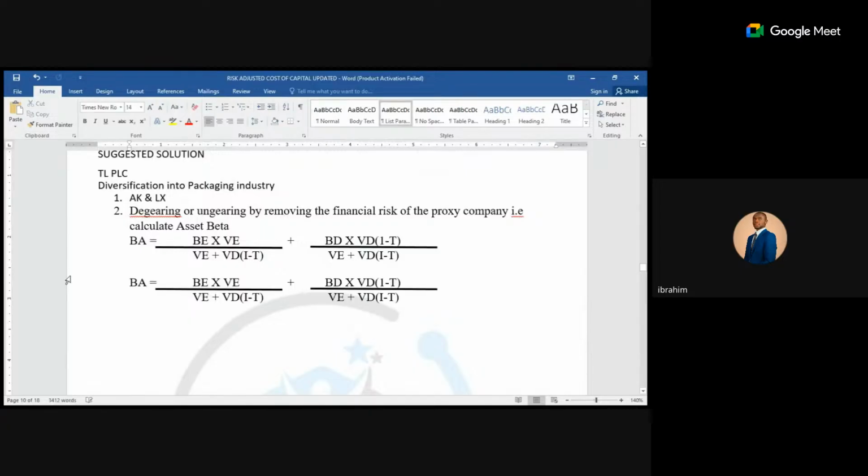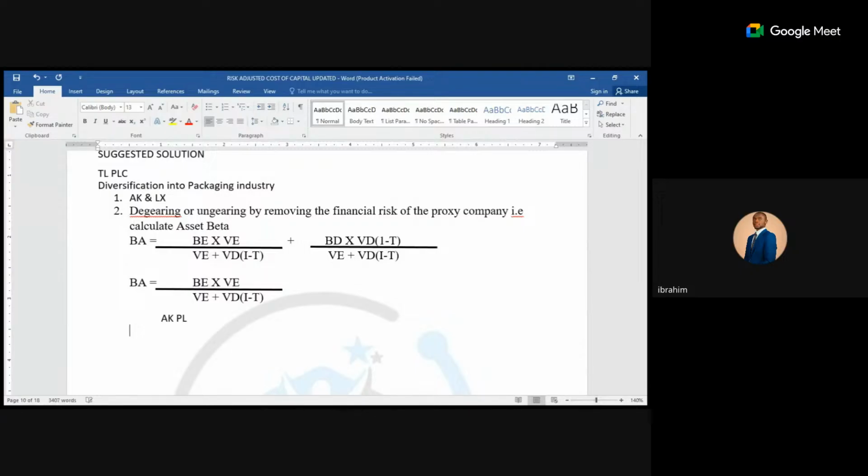This is out of it, which means that the debt beta is equal to 0. Let's start with AK PLC, asset beta, BA.